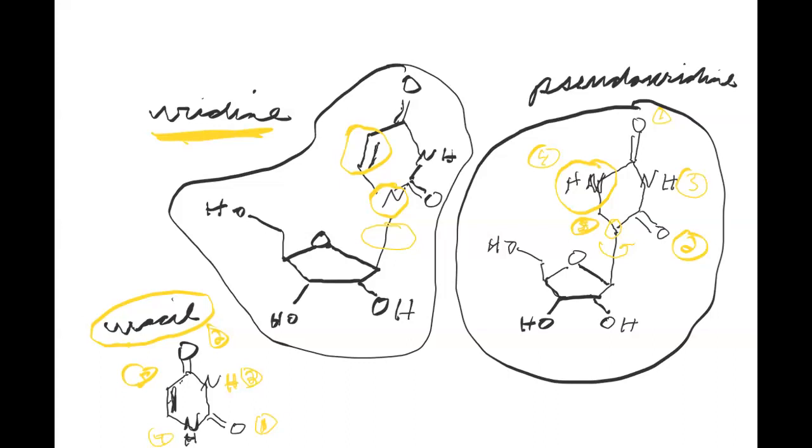Now, the difference between the Caraco and Wiseman pseudouridine is what is called N1 methyl pseudouridine.